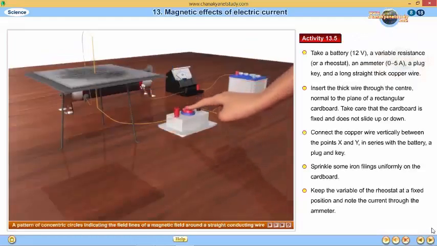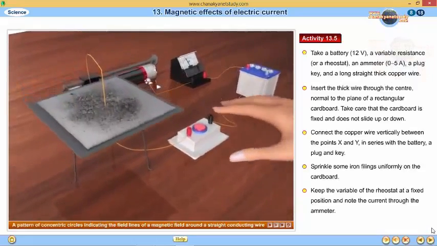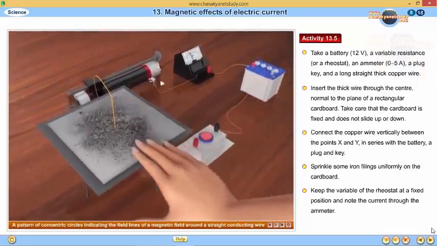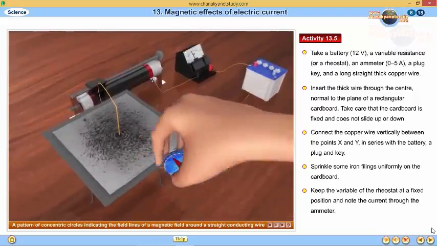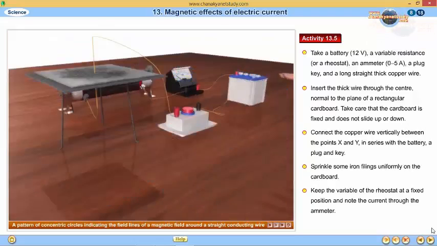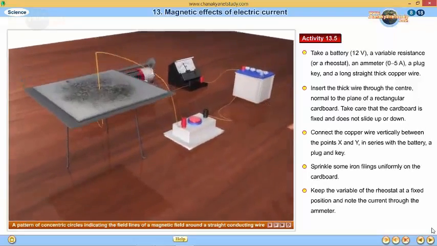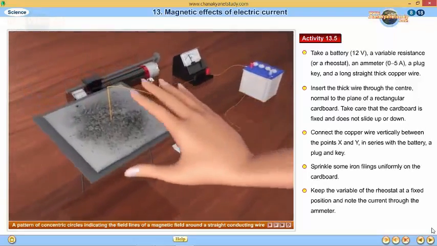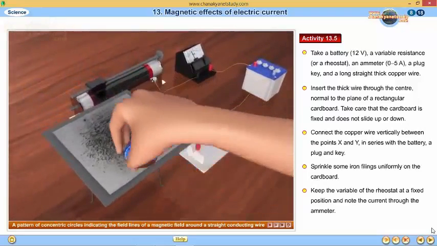Activity 13.5. Take a battery 12 volt, a variable resistance, an ammeter, a plug key and a long straight thick copper wire. Insert the thick wire through center normal to the plane of a rectangular cardboard. Take care that the cardboard is fixed and does not slide up or down.